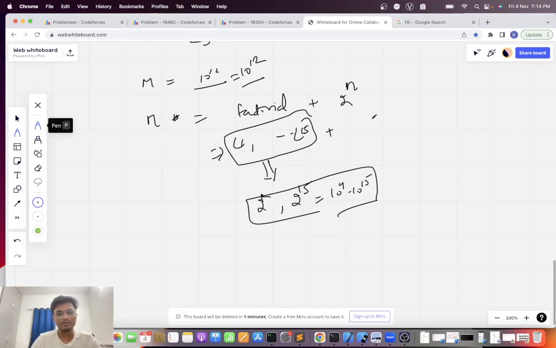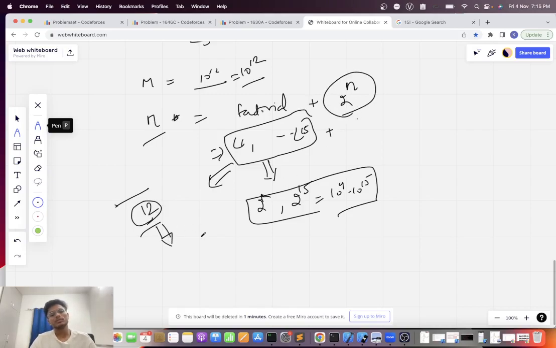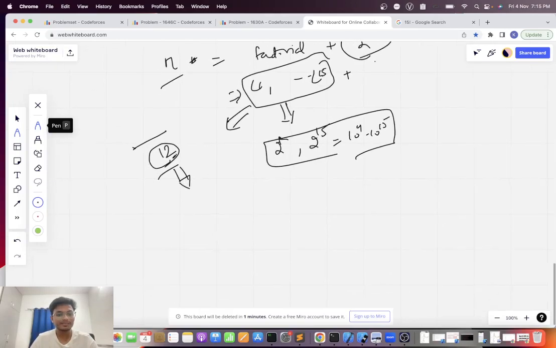Okay, and if a number is remaining after the factorials, let's say 12 is remaining, then how many powers of 2 are required? This is the same thing as bits.